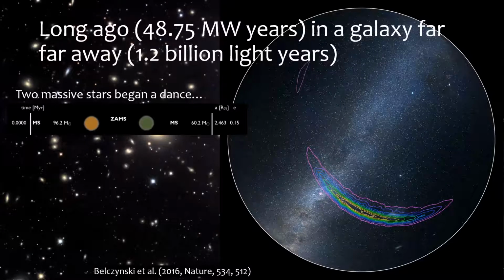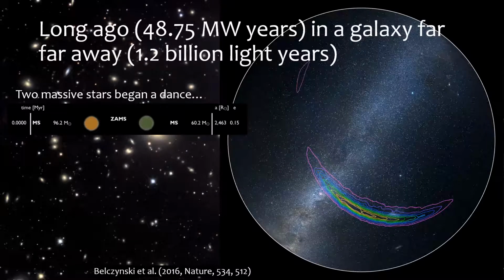11.7 billion years, or 48 3/4 Milky Way years ago, that's 30 Milky Way years before the sun formed. In a galaxy that is currently 1.2 billion light years away, two extremely massive stars formed in orbit around each other. The exact location of this galaxy is a bit uncertain, but most likely it resides in a direction similar to the Large Magellanic Cloud, in the southern hemisphere and below the plane of the Milky Way.